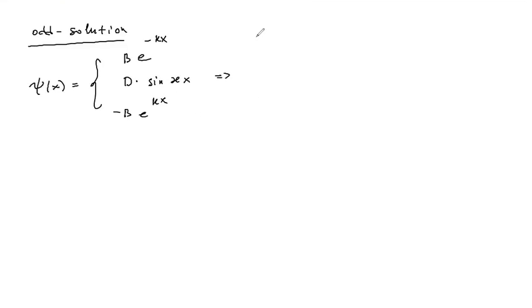Then the jump of my wave function at L over 2 must be 0. What kind of condition am I going to have? B exponent minus k L over 2 must be equal to d sine kappa L over 2, yeah? The wave function from both sides at L over 2 must have the same value.